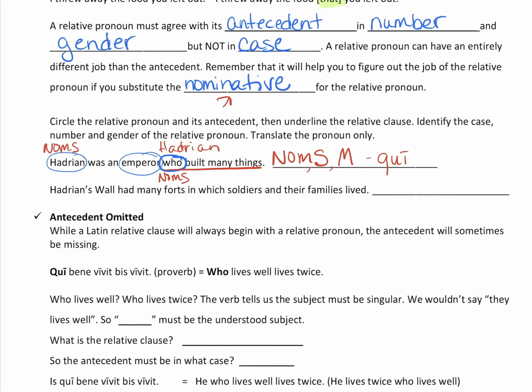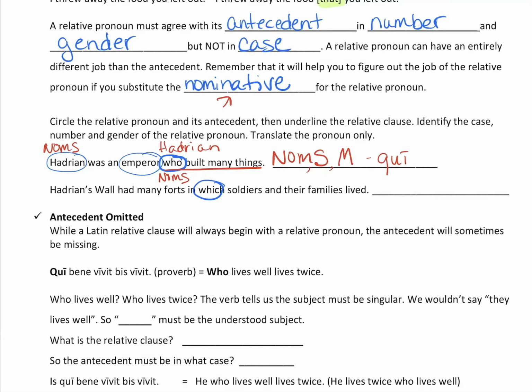Okay. Second one, let's look at the other one. Hadrian's wall had many forts in which the soldiers and their families lived. So if you look at your list of potential relative pronouns, you'll see that which is the relative pronoun. What you do notice here is, what is the which? What is it referring to?